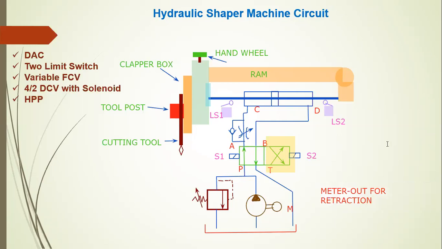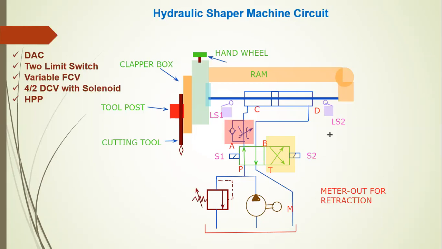We can say hydraulic shaper machine circuit or meter out for retraction circuit, because here the symbol given is for a meter out circuit: a variable restriction flow control valve with reverse free flow, or a check valve inside.